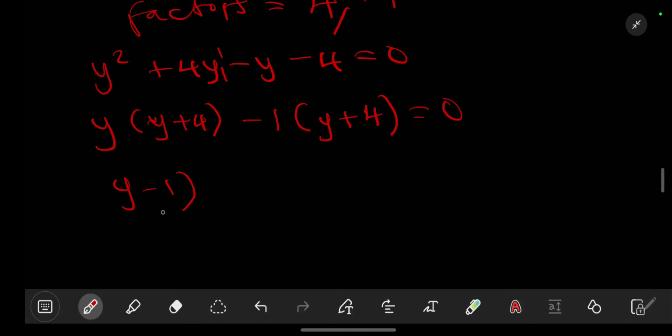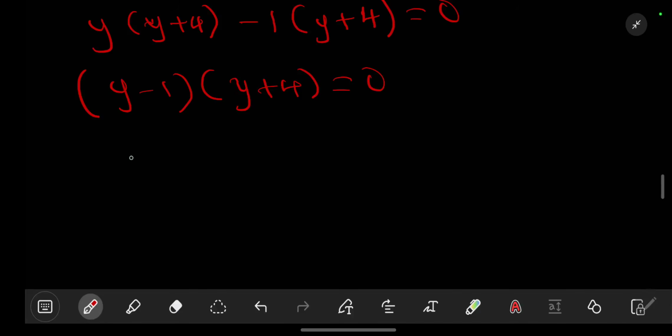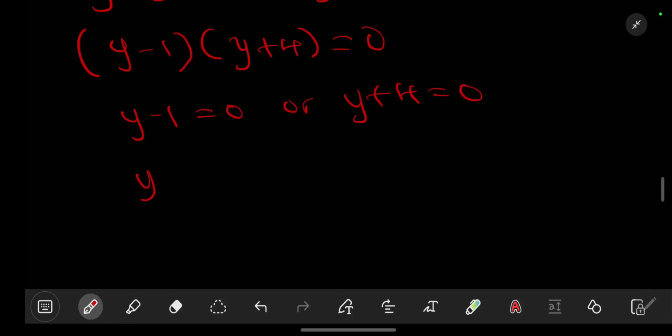So we have y minus 1, and we also have y plus 4, should be equal to 0 like that. So we say y minus 1 is equal to 0, or y plus 4 should be equal to 0, to give us y equal to 1, or y equal to -4 like that.